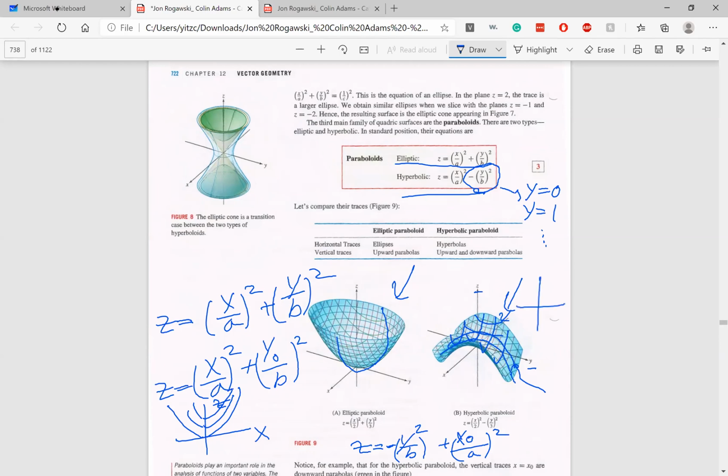So in the xz plane, you have parabolas like that. And then in the yz plane, you have parabolas going in the opposite direction. So here's the yz plane, and now you have parabolas going like this. And as the x grows, these parabolas go up. So they're actually going up like this. Okay, one second.